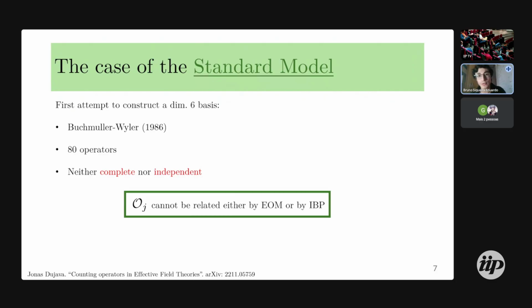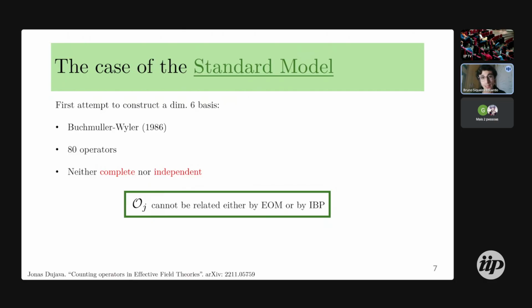And on the other hand, if you include operators which are redundant, you will have non-physical Wilson coefficients. So, for example, if you do a global fit, you may undergo overfitting issues, which are completely non-physical. So you have to get rid of those redundancies. And I mentioned here two types of redundancies.